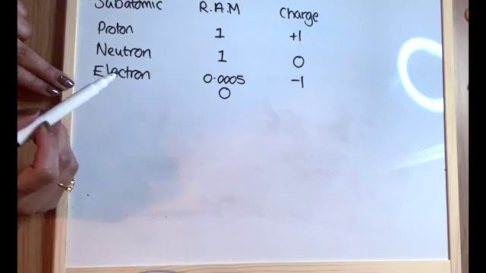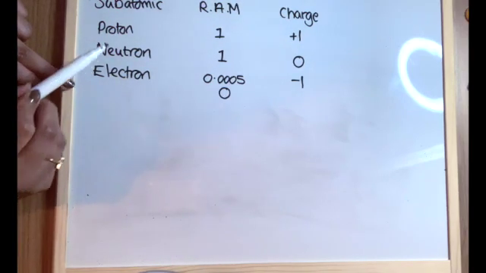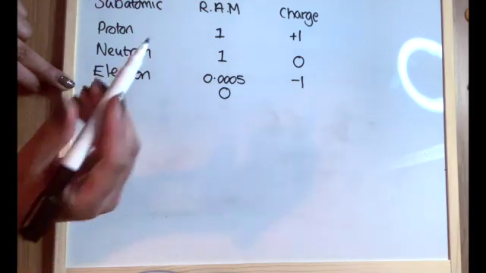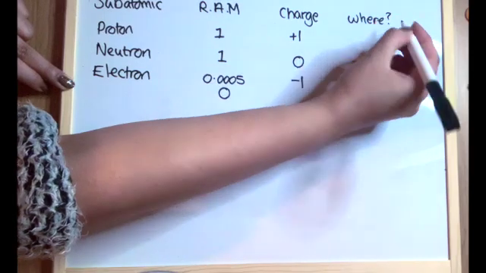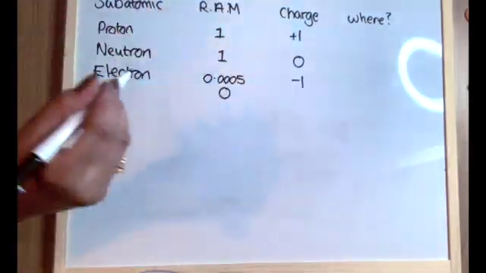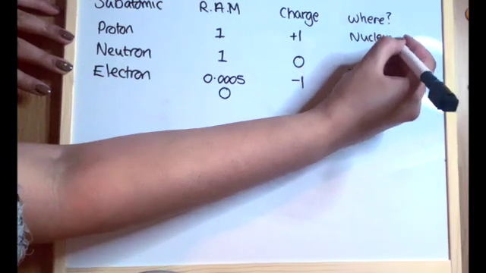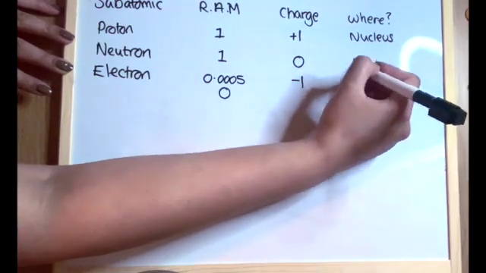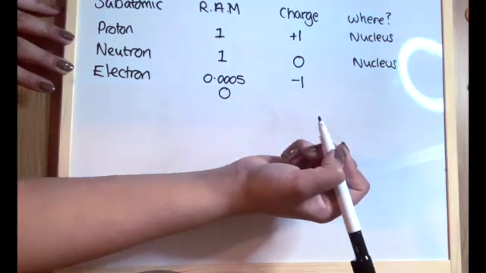And we always got to remember that in an atom, there is always the same number of electrons as there are protons. And then lastly, where are these subatomic particles? So the proton is in the nucleus. So that's in the center of an atom. The neutron is located in the nucleus, again, the center of the atom.